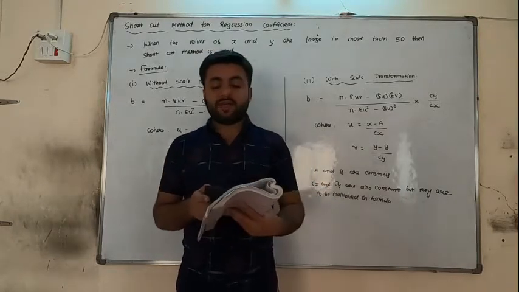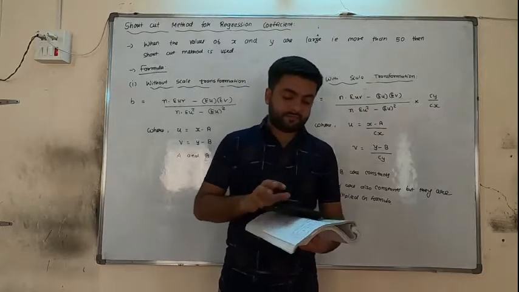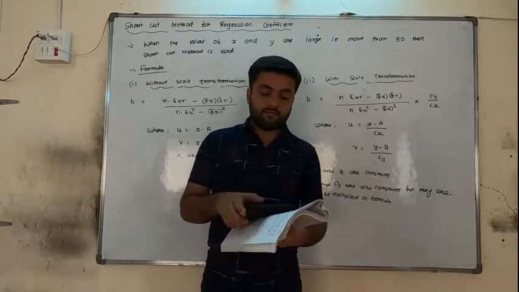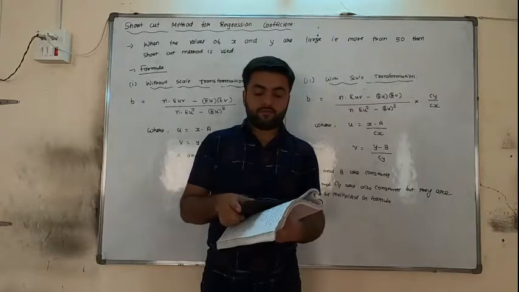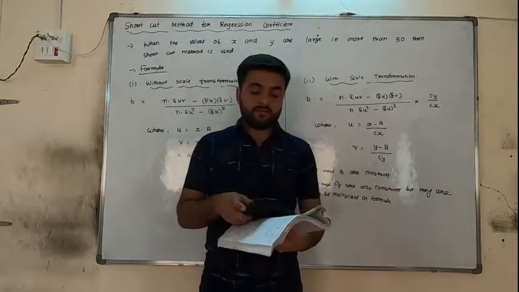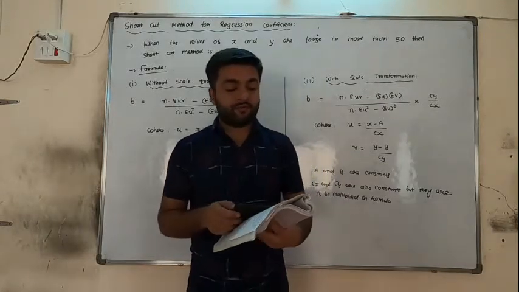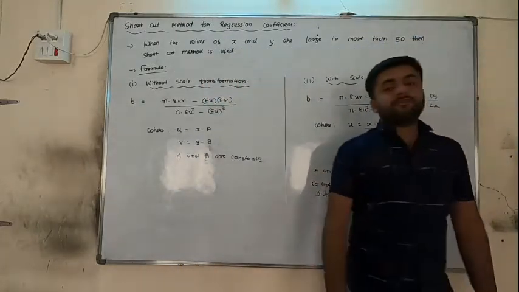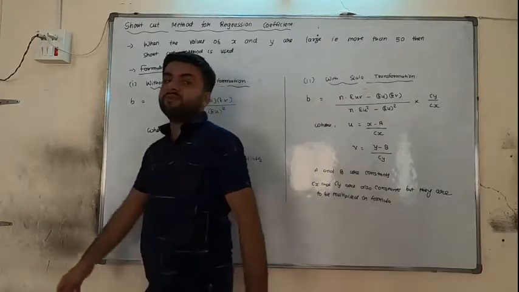Divide by 6, write y bar. So write there y bar 2.4. So friends, again there are also decimal places, so we will use UV with scale.